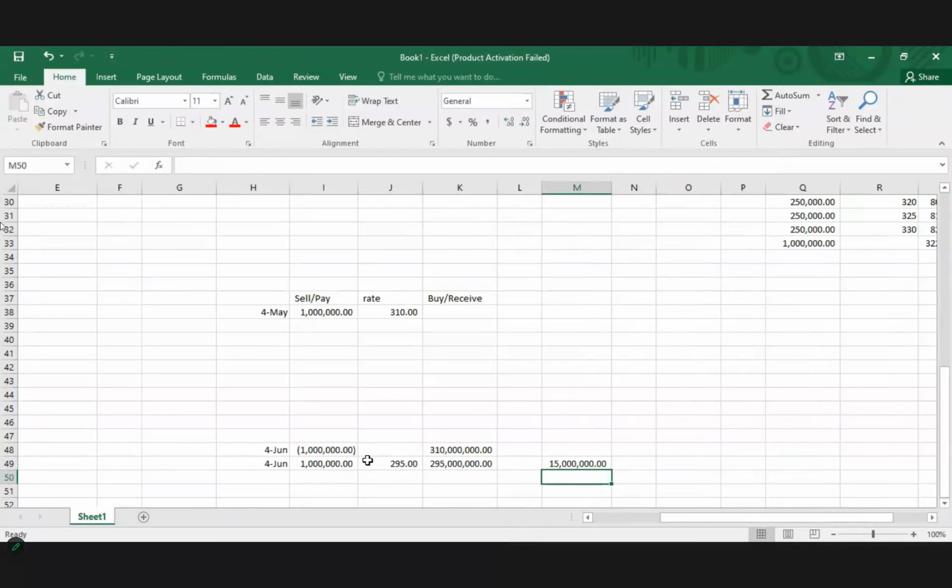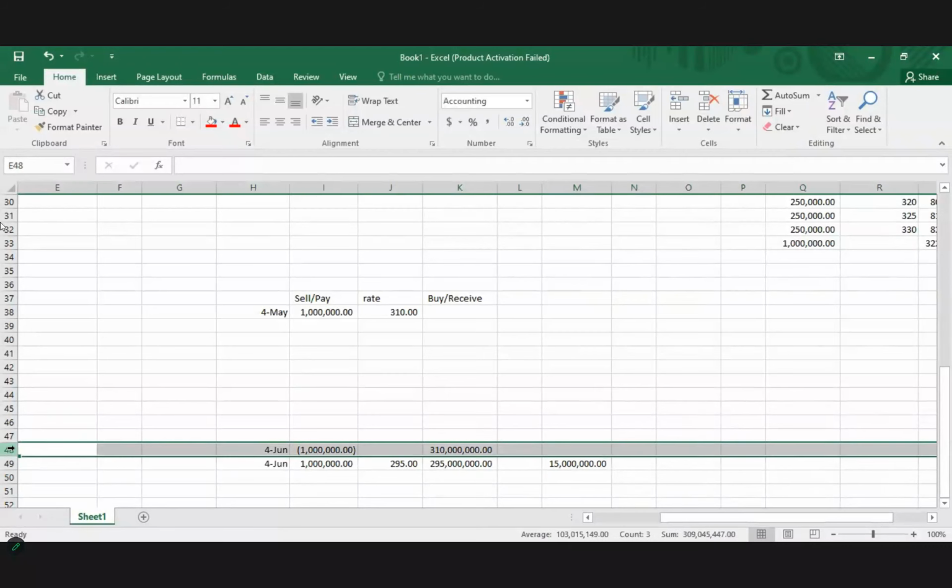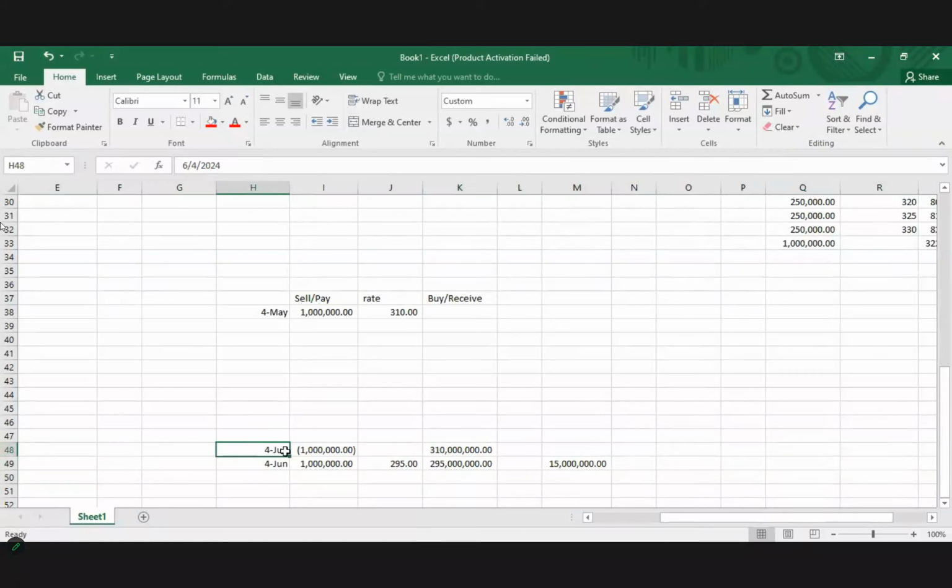Okay. Now, so based on this transaction only, I have made that 15 million, right? See, this export customer is quite trustworthy. But between May 4th and June 4th, this counterparty, Bank X, let's say, goes bankrupt, right?